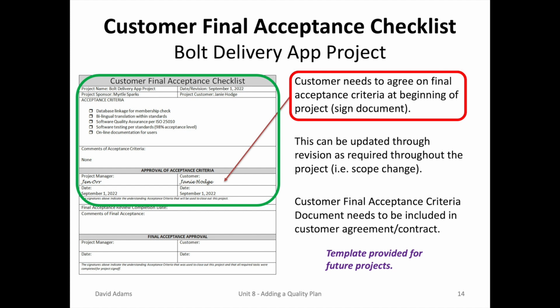So at the beginning of the project, the customer needs to sign off a detailed customer final acceptance checklist that he or she agrees to and will accept as a deliverable. The template provides a section where there's approval of acceptance criteria by both the project manager and the customer.